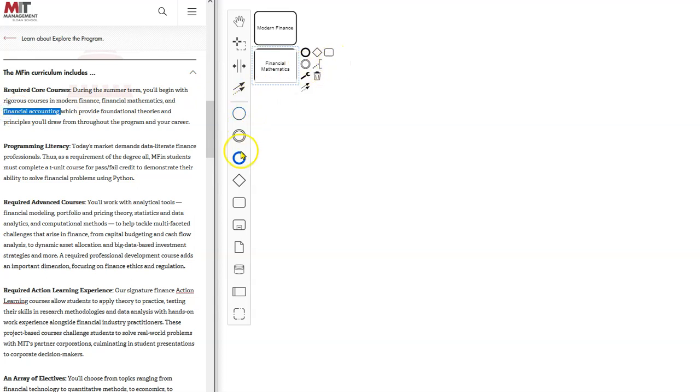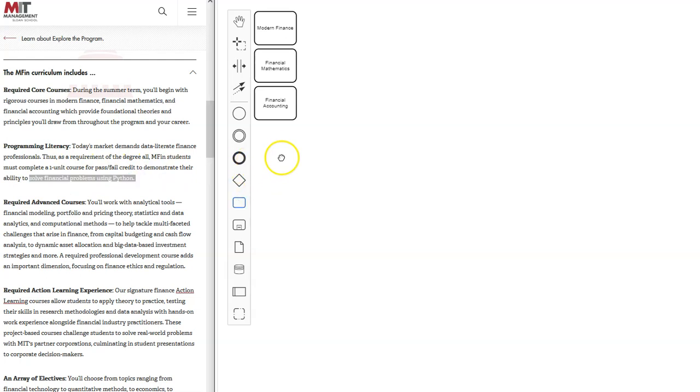Financial accounting, which I'm guessing is different from regular accounting. Theories, principles, okay. Programming literacy. Solve financial problems using Python. So let's just put Python here.